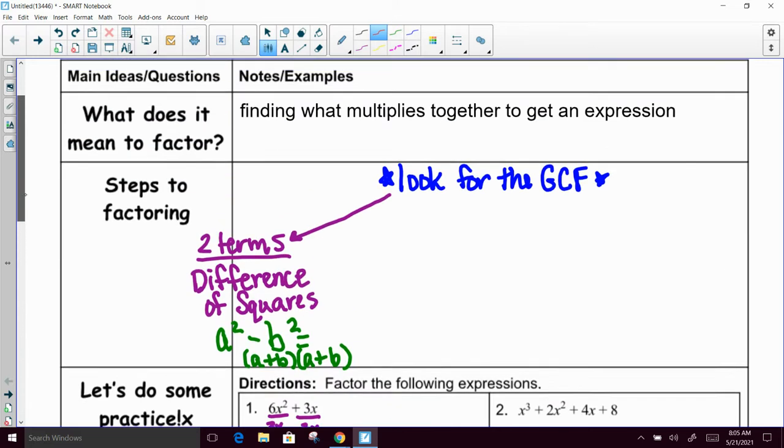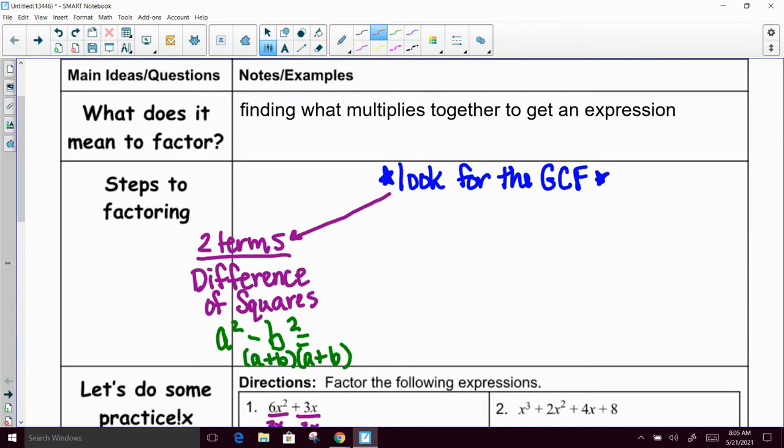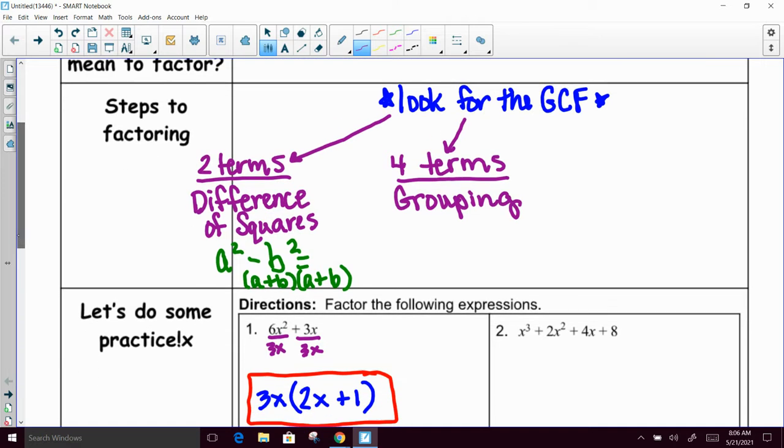All right, let's go back up to our chart. So that's what happens if we have two terms. What happens if we have, I'm going to jump to 4 terms. If we have 4 terms, then we factor by grouping. So let's look at number 2 below. x cubed plus 2x squared plus 4x plus 8.